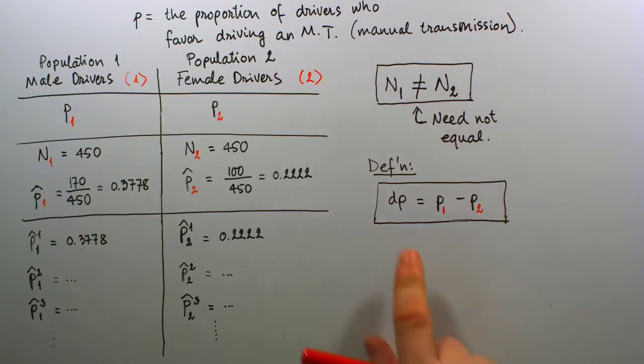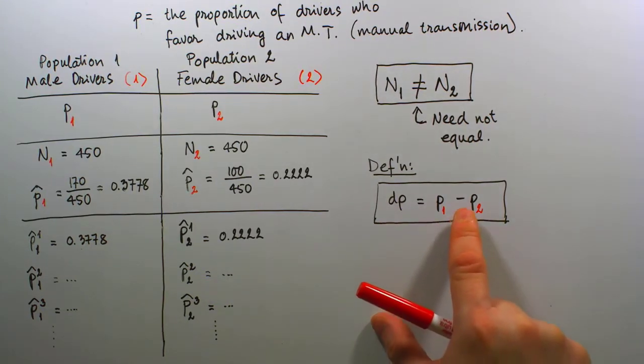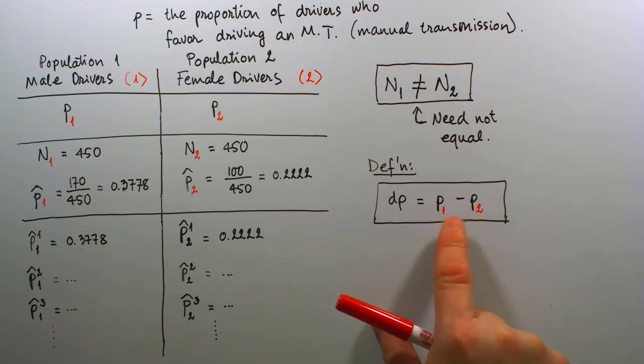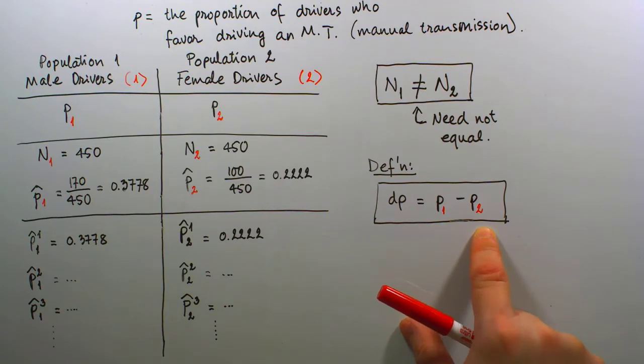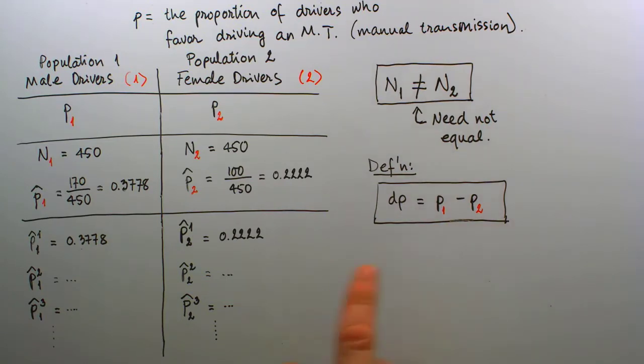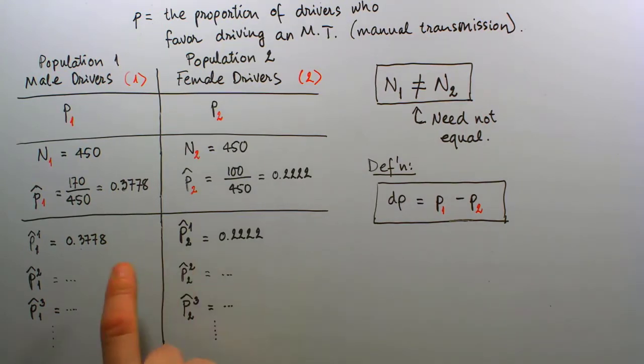And so now, since we start getting into talking about the difference between a value from population 1 and a similar value from population 2, let's apply that to our samples from the two populations here. So let me do this.